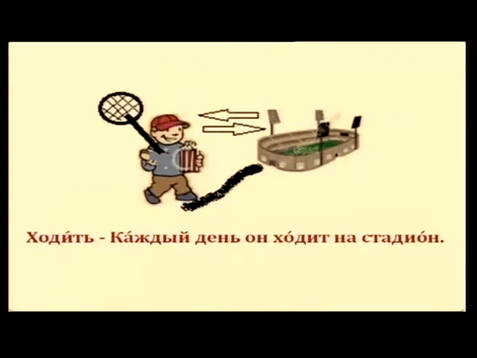Let us go to the next slide and understand when to use ходить. Ходить. Каждый день он ходит на стадион. Here again we have used the preposition на: на стадион. На indicates the place of an action; it is a preposition.